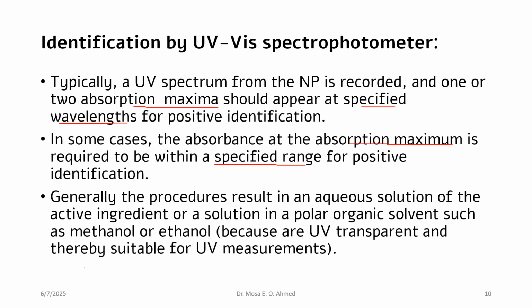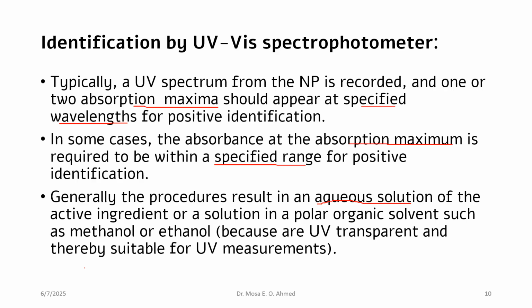That means the functional group present in a compound has a unique UV maxima or absorption that can be used for its identification. In general, the solution should be aqueous, dilute, and free of interfering metals.